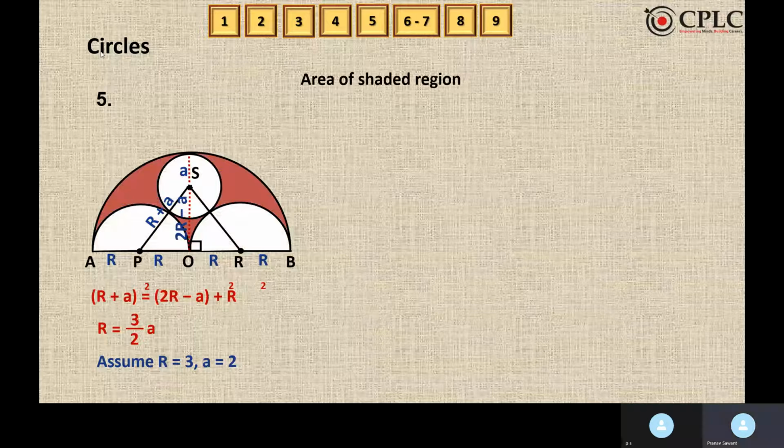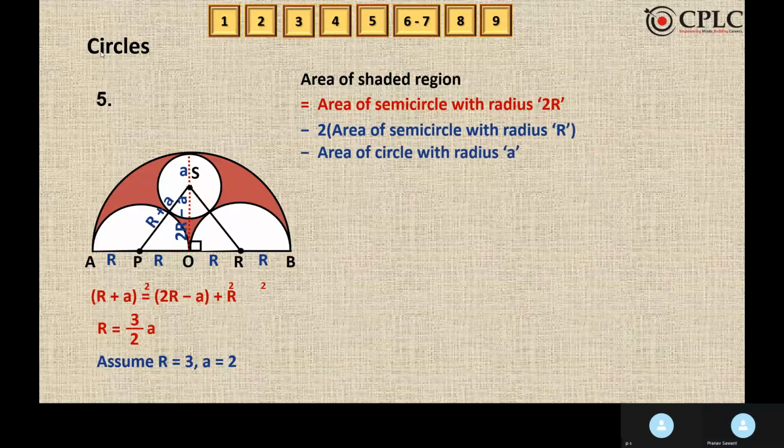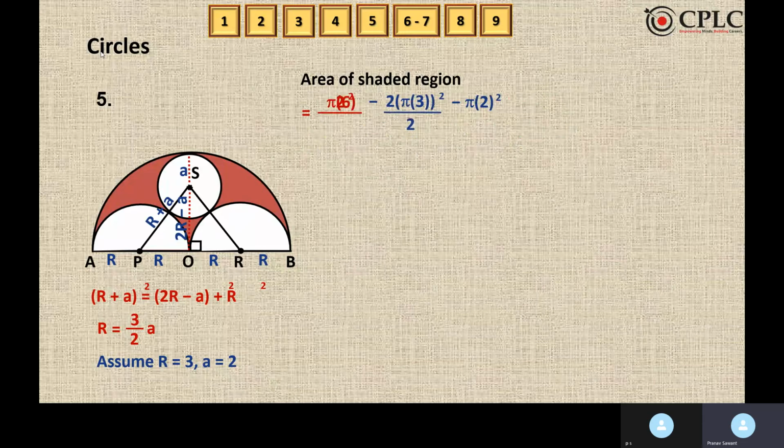So we have to find out the area of the shaded region. That is equal to area of semicircle with radius 2R minus 2 into area of semicircle with radius R minus area of circle with radius A. So if we subtract these three things, we'll get the area of the shaded region.